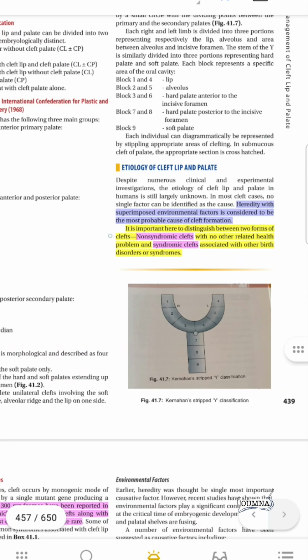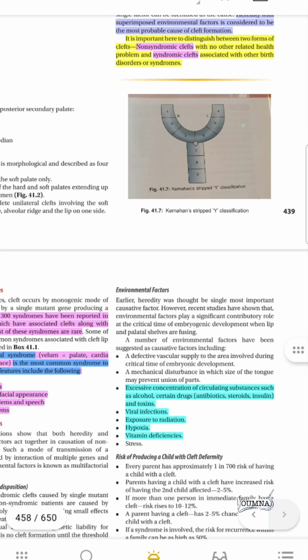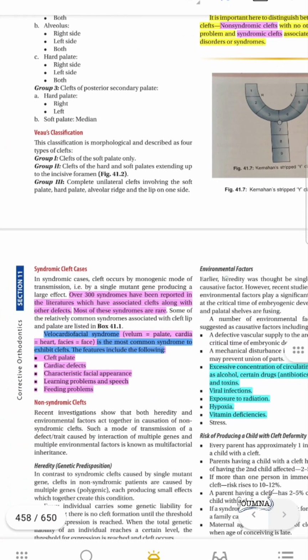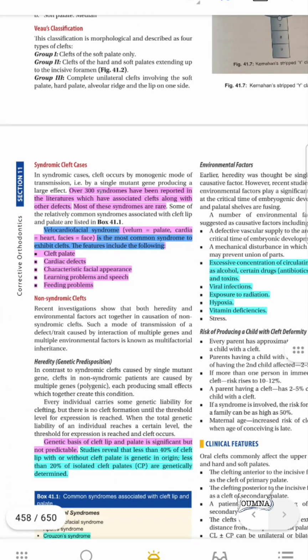So heredity with superimposed environmental factors is considered to be the most probable cause of the cleft formation. It can be non-syndromic or syndromic, which means that they are associated with other body syndromes. There are more than 300 syndromes that are associated with clefts. However, they are rare.